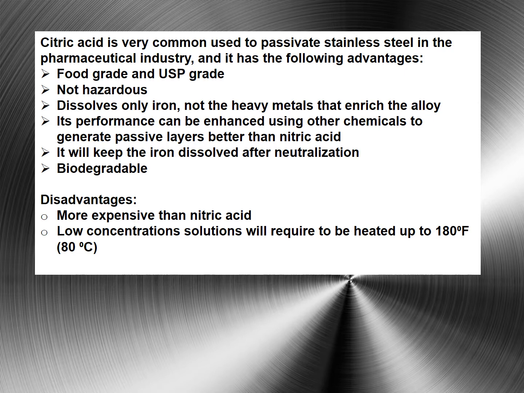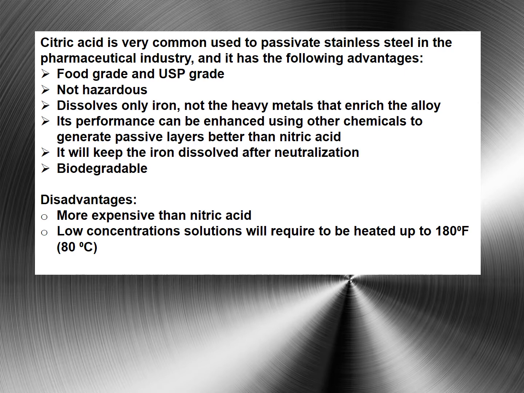Citric acid is very commonly used to passivate stainless steel in the pharmaceutical industry, and it has the following advantages. It's available in food grade and USP grade. It's not hazardous. It dissolves only iron, not the heavy metals that enrich the alloy. Its performance can be enhanced using other chemicals to generate passive layers better than nitric acid.